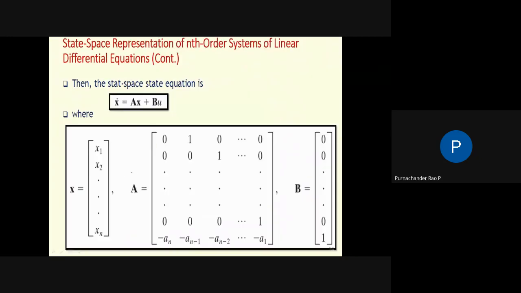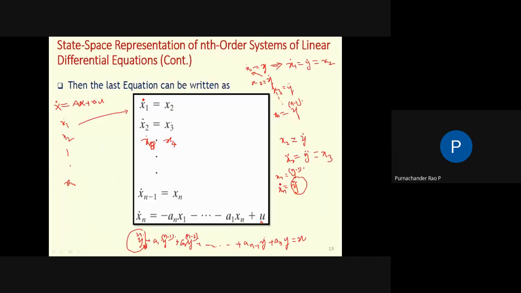And therefore you can write up this state equation as x dot is equal to Ax plus Bu, where x1 is the state variable. So your matrix will be represented like this. I'm writing here the same matrix.